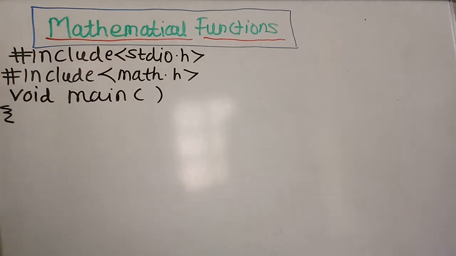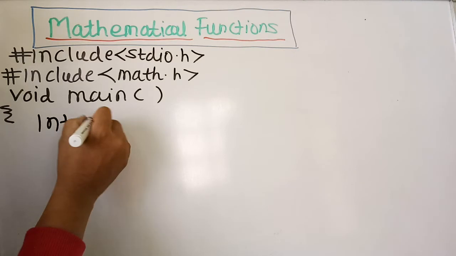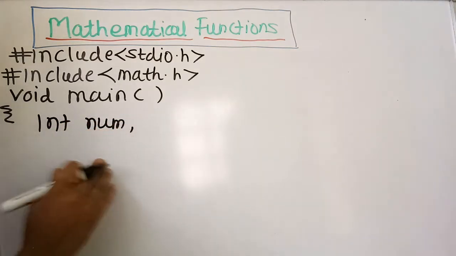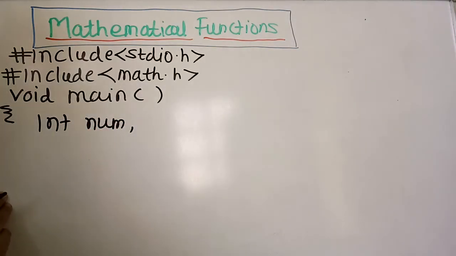Now, to calculate a power or square root of any number, we have to take many variables for handling the data, such as for accepting any number, we have to declare a number variable. Then to calculate a power, we have to take a power from the user and then calculate the power of that number.